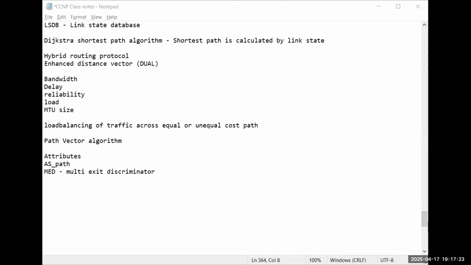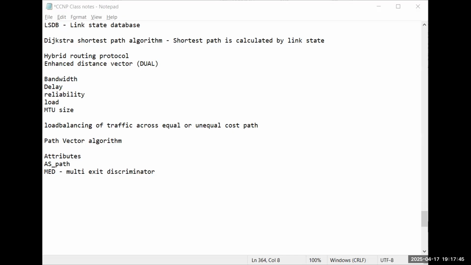Both can be 10 meg, or unequal, like 10 and 5 meg, or 5 or 2 meg, anything. So load balancing is possible through the EIGRP protocol, even if I have an equal or unequal cost path. That is the main point.